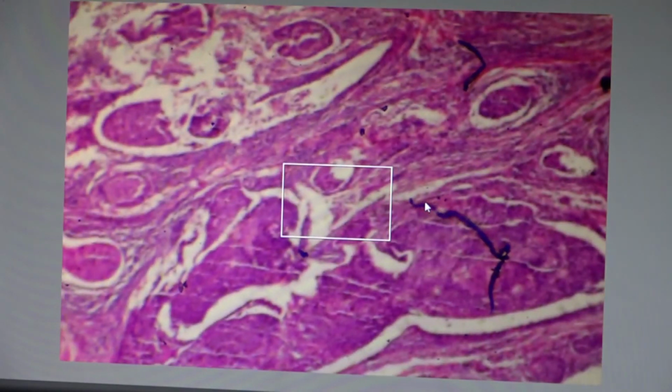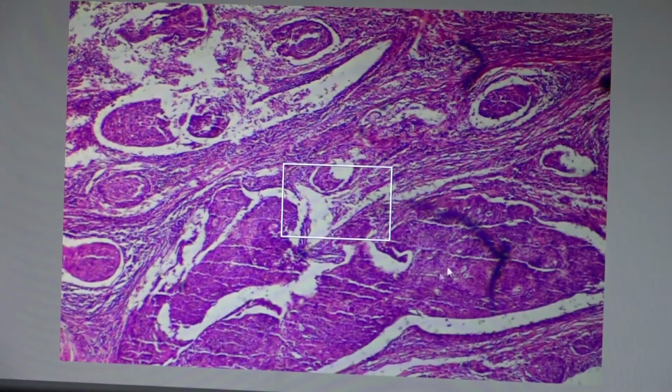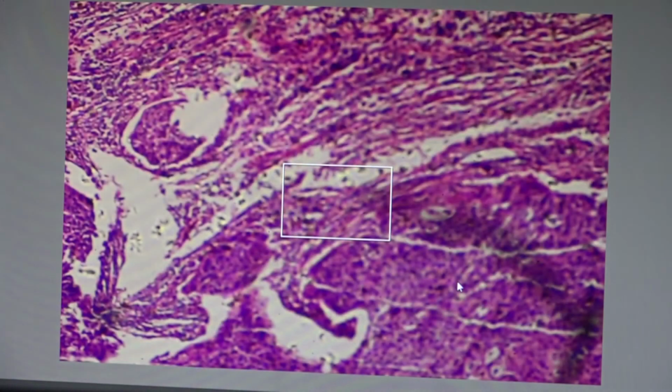These tumors are composed mainly of squamous epithelium or malignant squamous epithelial cells.